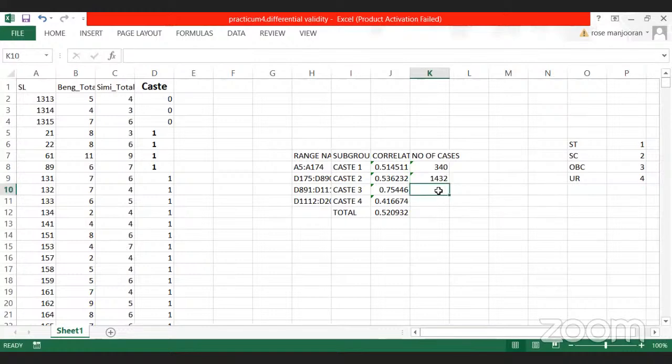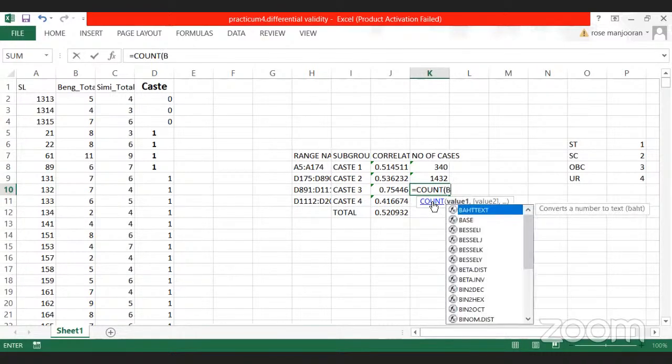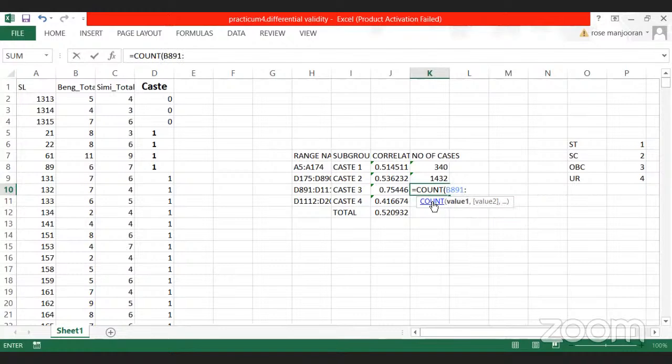Then you will get the number of cases with respect to cast 2. Then again, COUNT. Here it will be B891 to B1111.